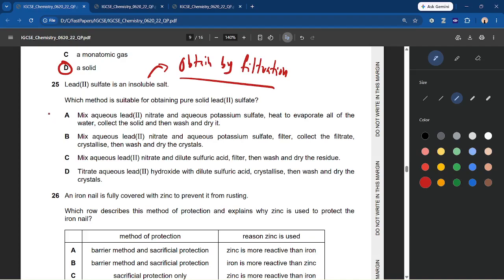Heat to evaporate all the water, no. Filter, collect the filtrate, crystallize, we don't need to crystallize, as it's insoluble. Titrate, crystallize, again no. So this is correct, and the answer is going to be C.